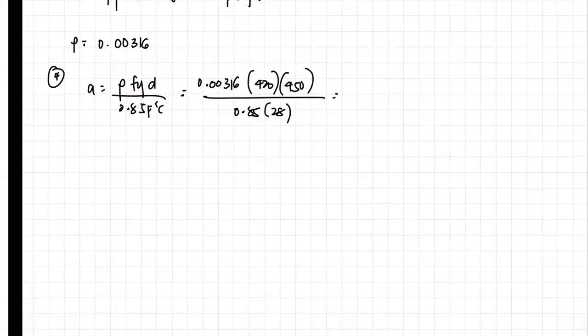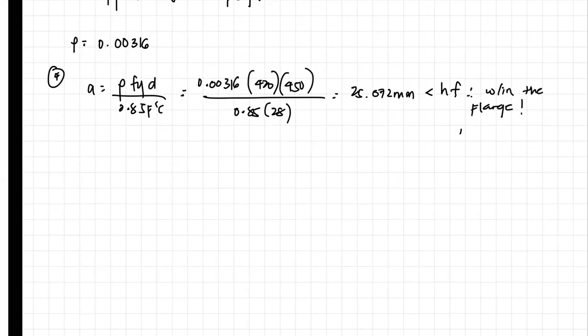So we have 420, 450 divide 0.8528. That is 25.072 mm, which is less than nung ating height nung flange. Therefore, siya ay within the flange.